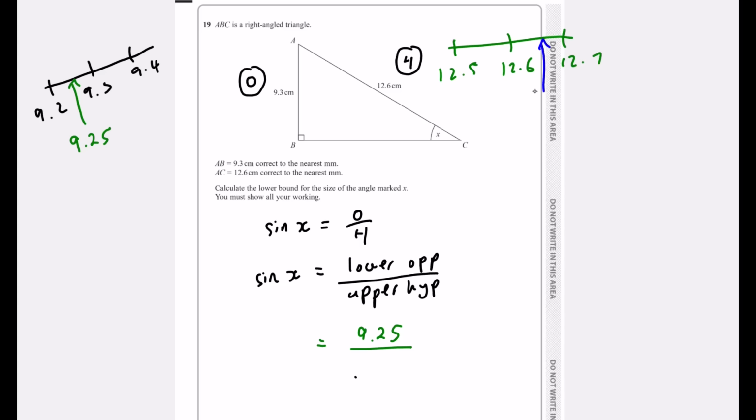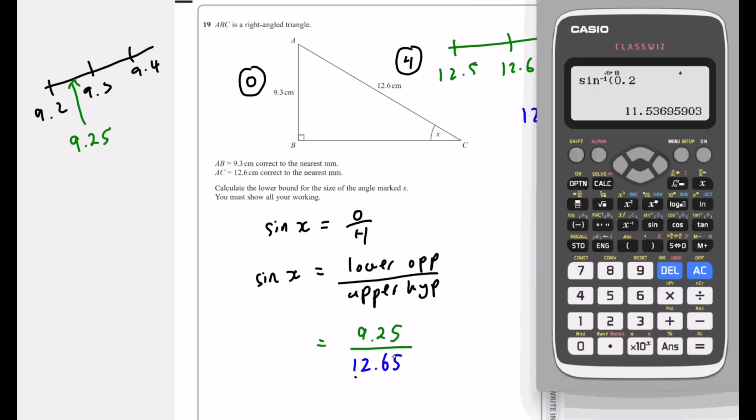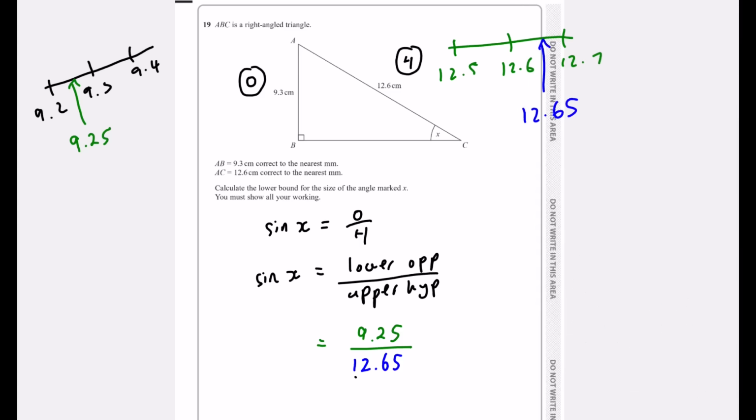So the biggest thing it can be is 12.65. So it's 9.25 over 12.65. And then it's shift sine of that answer. I get 46.98, so 47.0.